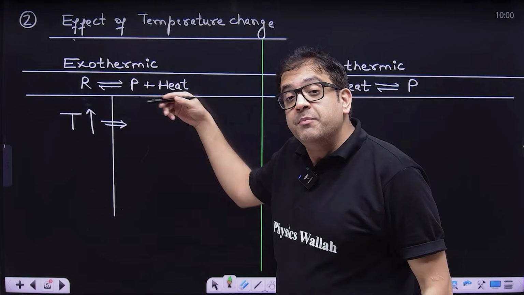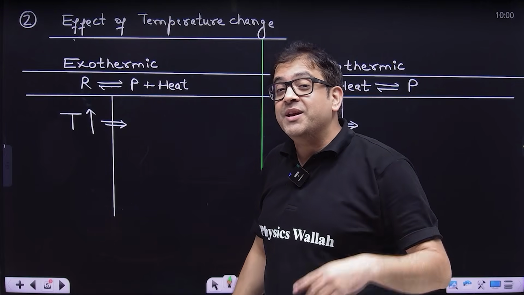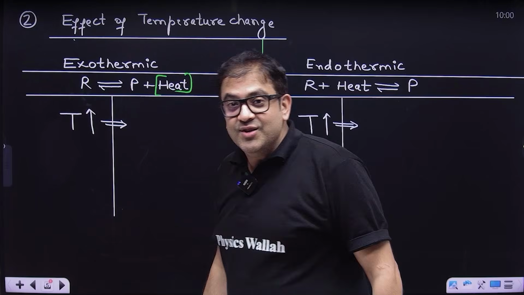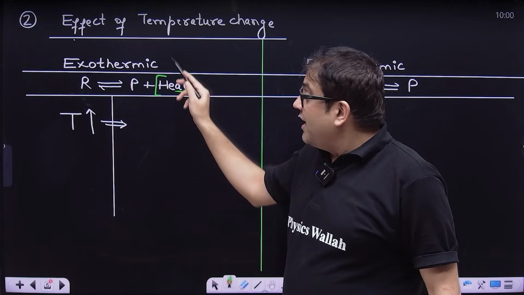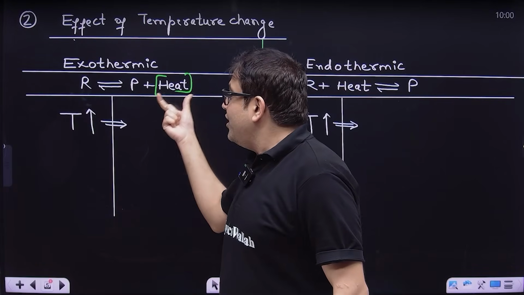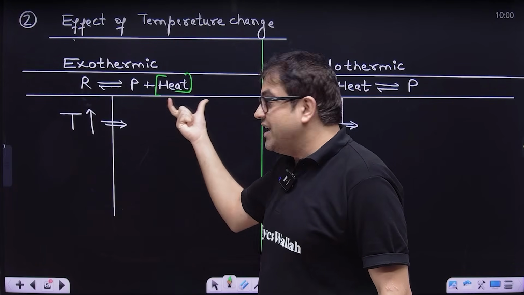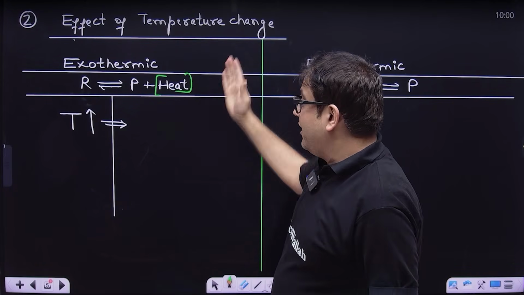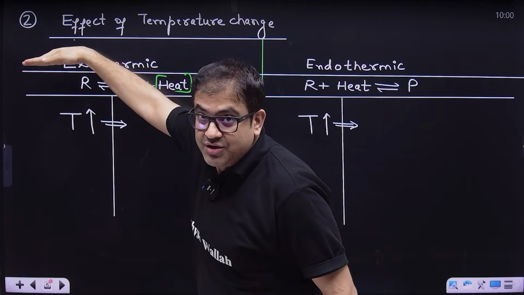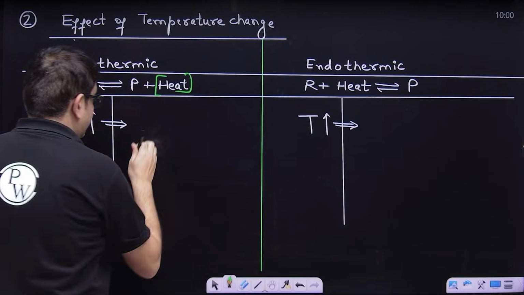Then heat is getting produced. If you increase the temperature, heat content will increase. So heat in case of exothermic is acting as a product. So if you increase the temperature, heat content will increase, and it is like product is increasing. So if product increases, the reaction goes in the backward direction.